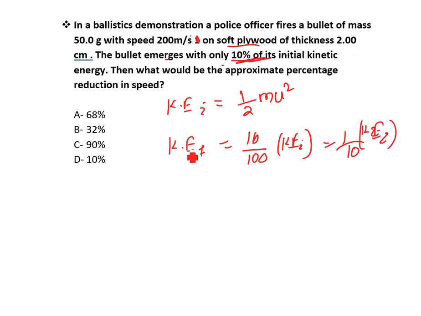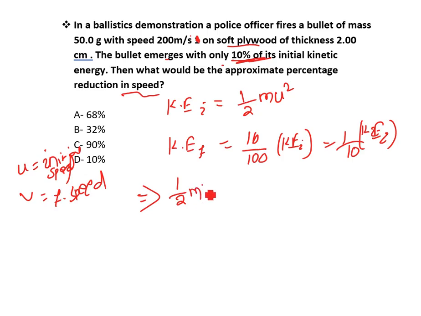The question is asking what percentage it is reduced, so speed is reduced and we have to find its final speed. Let the initial speed be u and the final speed be v.